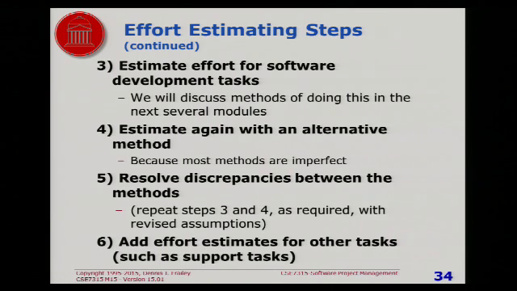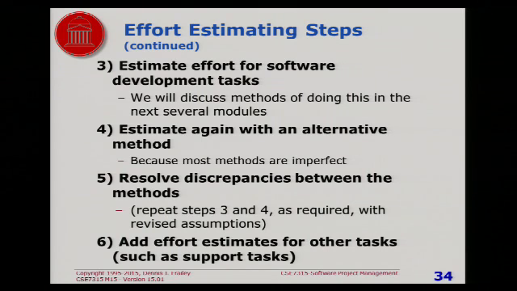For example, maybe the first method assumes all the programmers are equal, and the second method has a factor where you indicate how much experience the programmers have, and you happen to have inexperienced programmers. Well, if that's the case, you might say, well, then the first method is probably too generous because it's assuming all the programmers are average, but my knowledge of what the second method does says, well, maybe it's because I have so many inexperienced programmers.